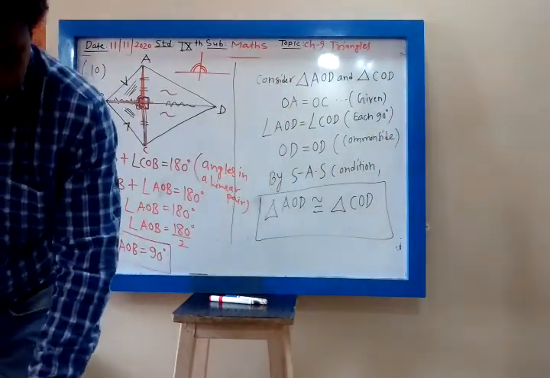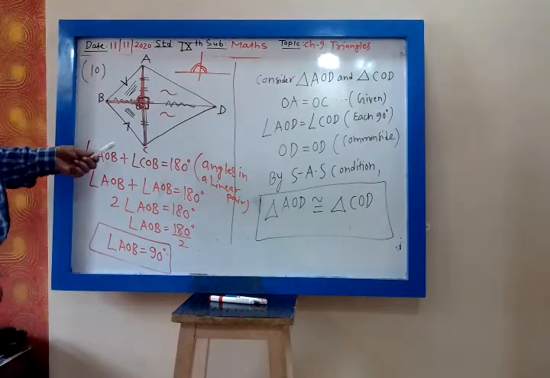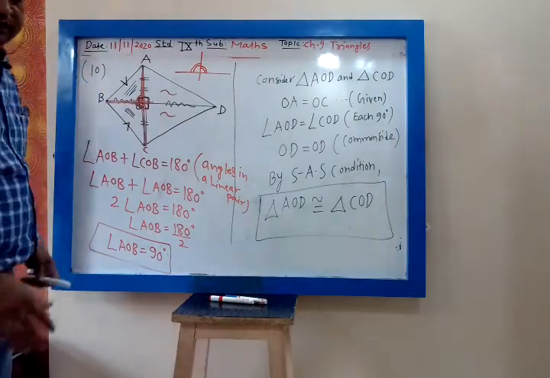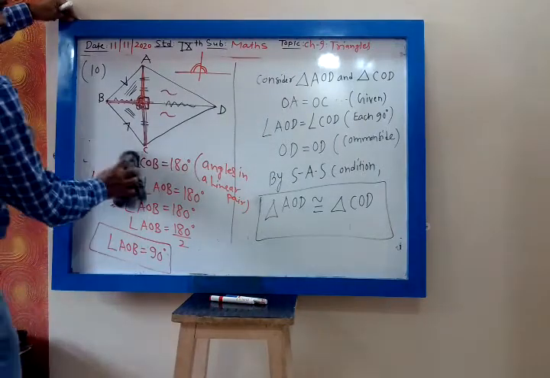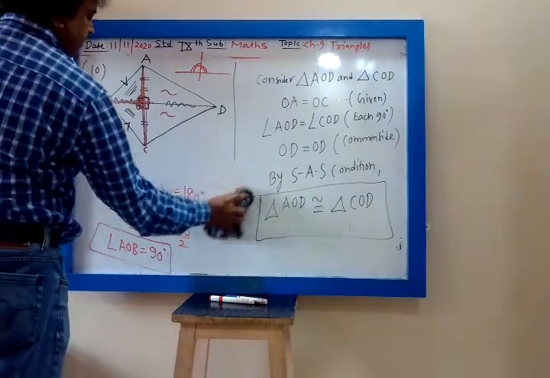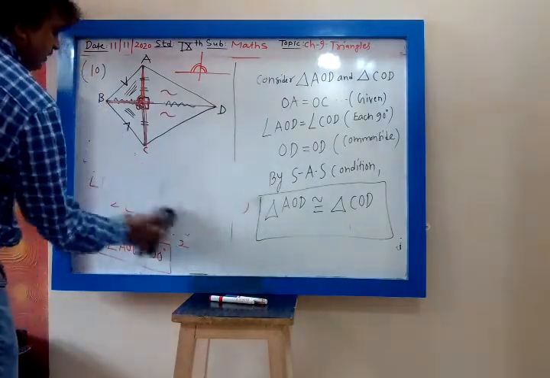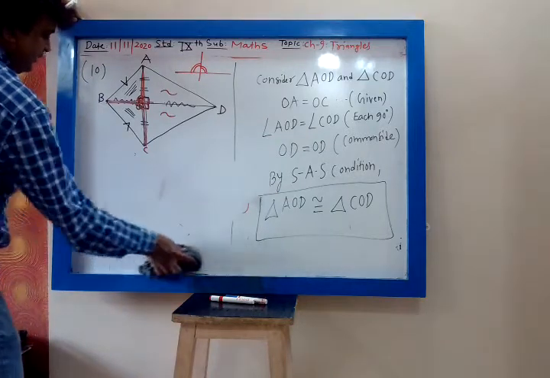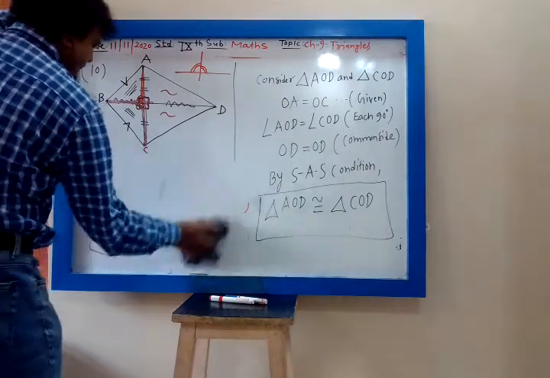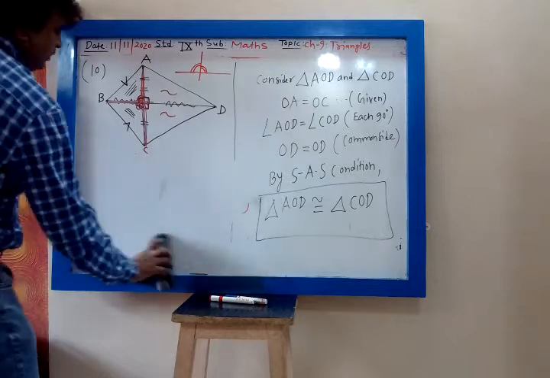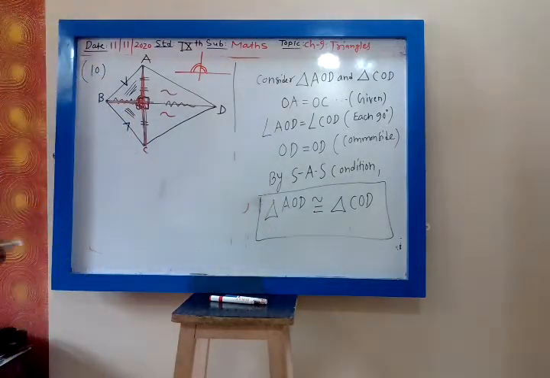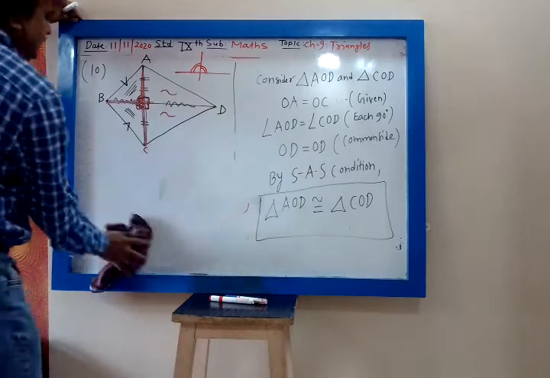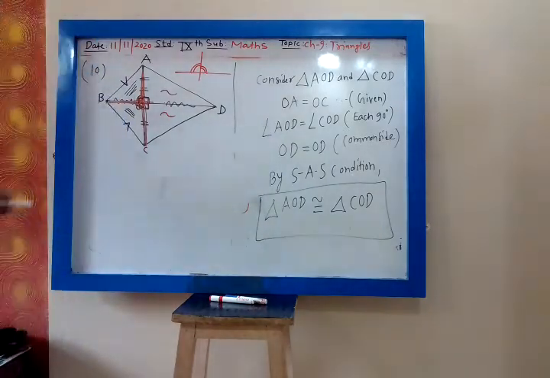Now which is the third part? AD is equal to CD. How will we prove this? Once you have got that the triangles are congruent, you can apply CPCTC to show that the sides are equal.